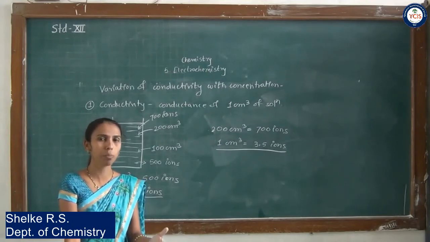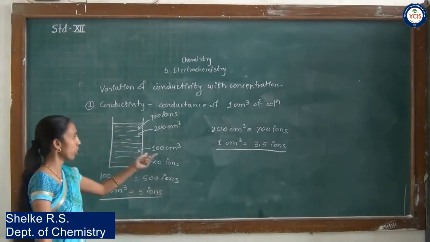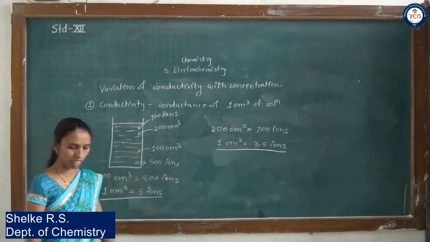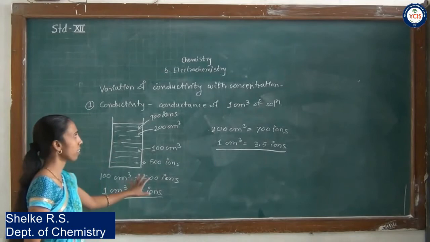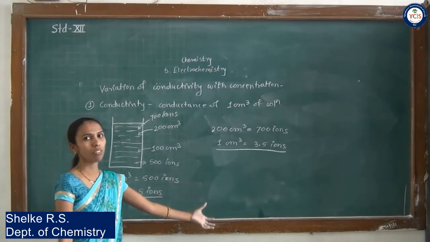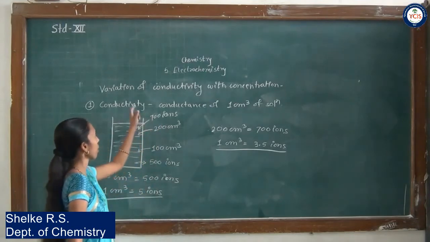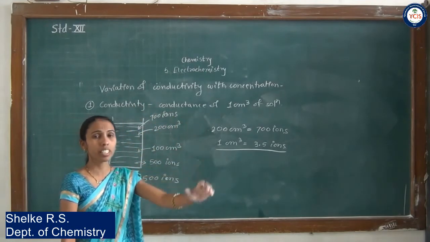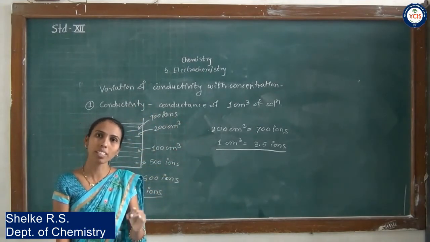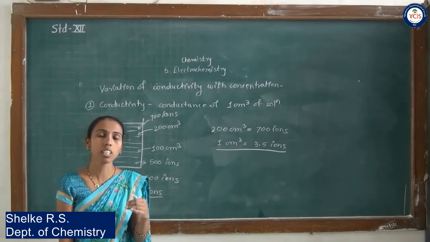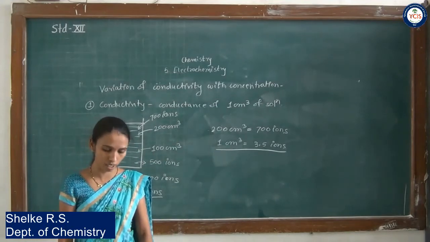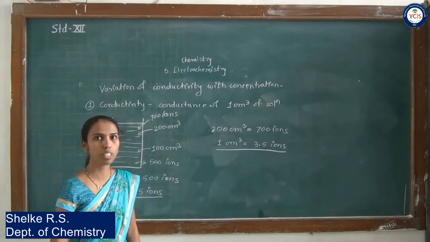That is proved experimentally only. Okay. So here I have demonstrated that the number of ions decreases, that is why the conductivity decreases. So main point you have to remember that as you are increasing the dilution, means decreasing the concentration, the conductivity is decreased. Okay, I hope you understood till that.